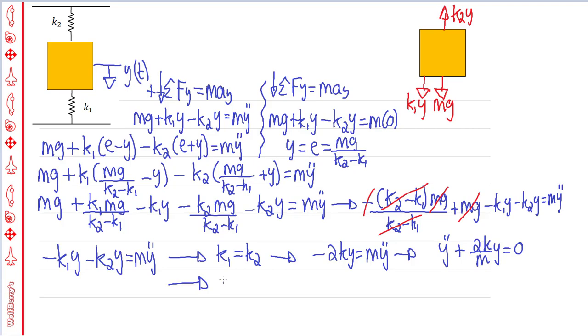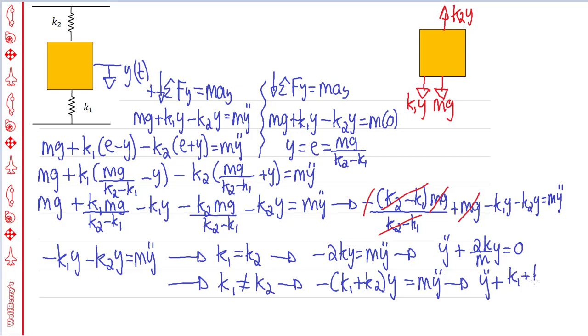Now if k1 does not equal k2, instead you're going to have minus, open bracket, k1 plus k2, y equals m y double dot. So in the end you're going to have y double dot plus k1 plus k2 over m y equals 0.